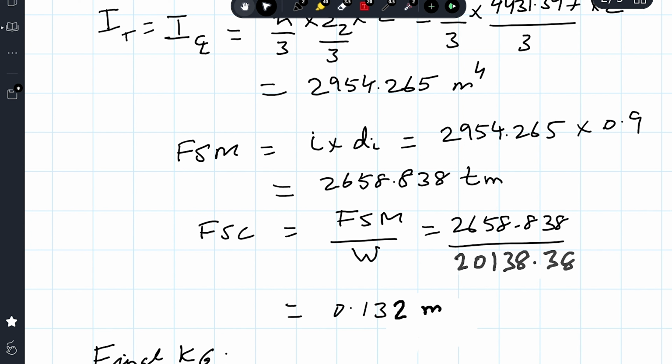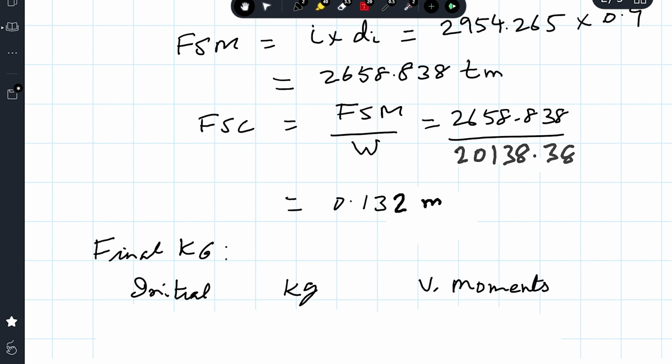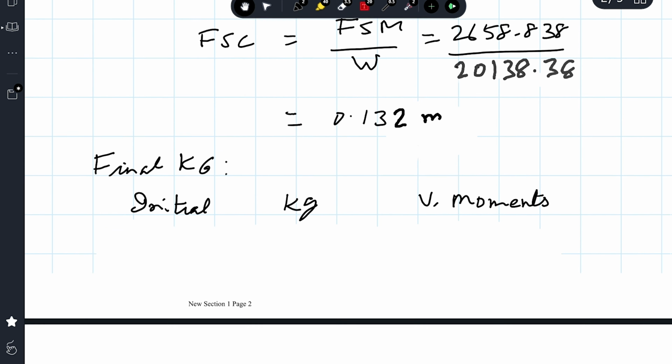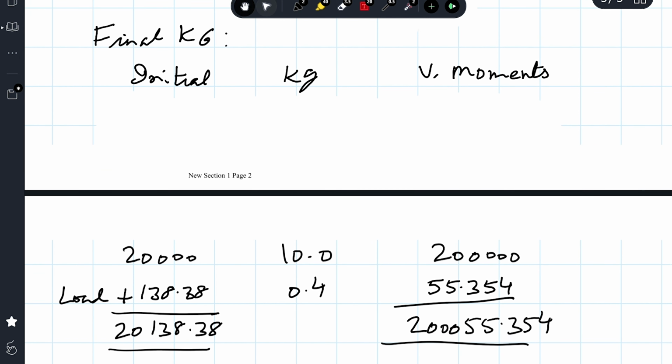And then we also need to find the final KG by vertical moments. So we'll make the table for final KG. We write the word initial, then KG, and then vertical moments. Initial displacement 20,000, initial KG 10 meters, multiply, and we write here 200,000 as the initial vertical moment.